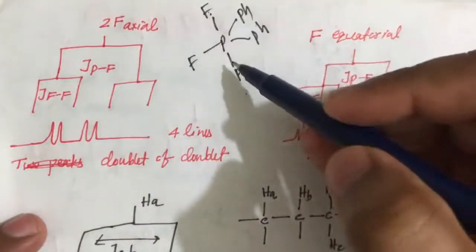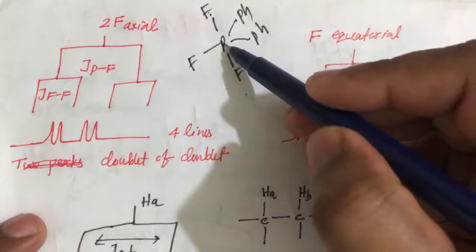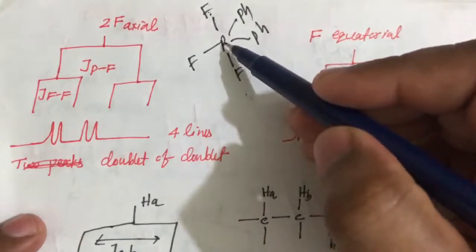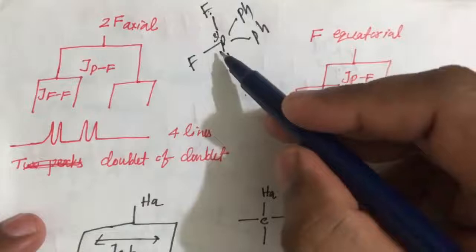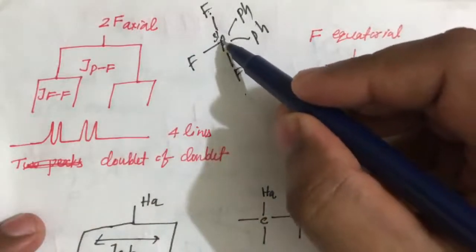First of all, this axial fluorine is coupled with this phosphorus. This phosphorus is also NMR active, that is, phosphorus 31. So the first coupling takes place. We know that it is only 1.